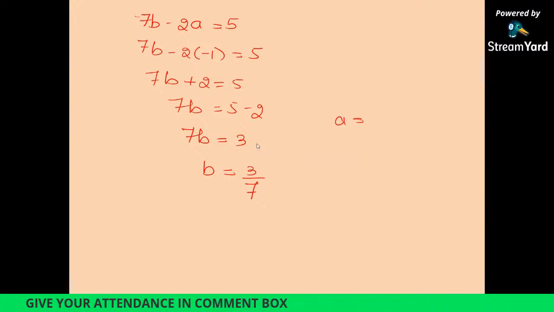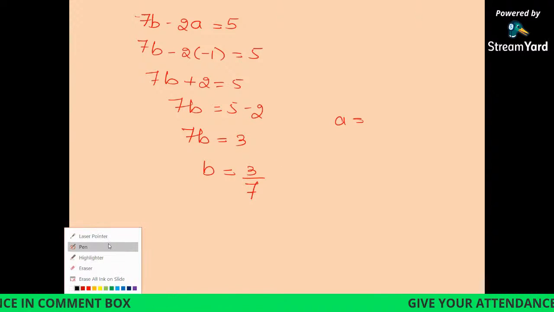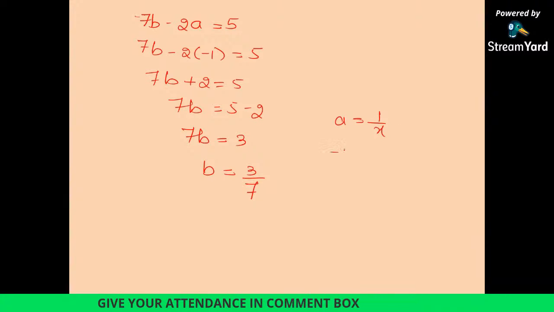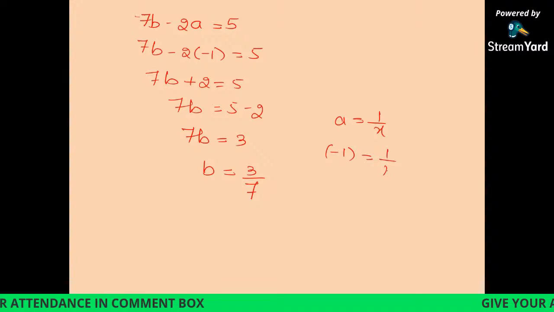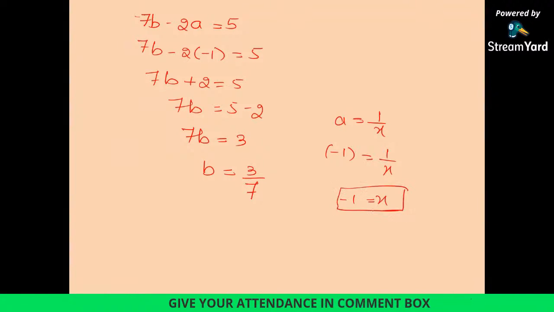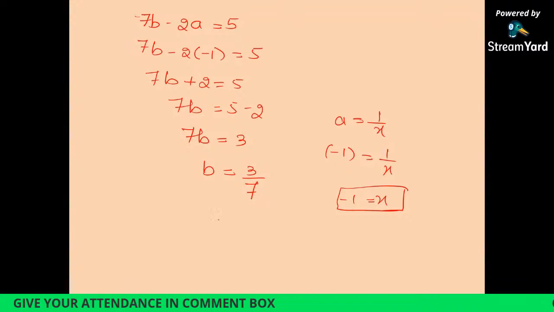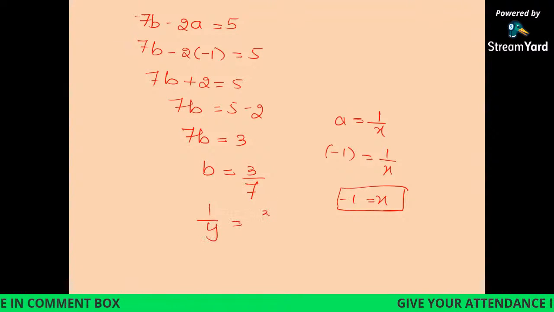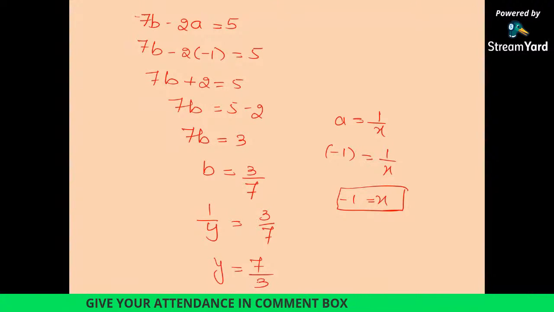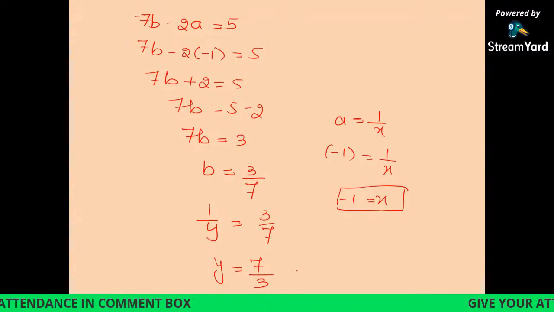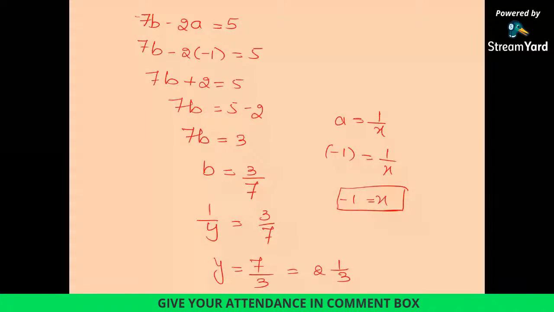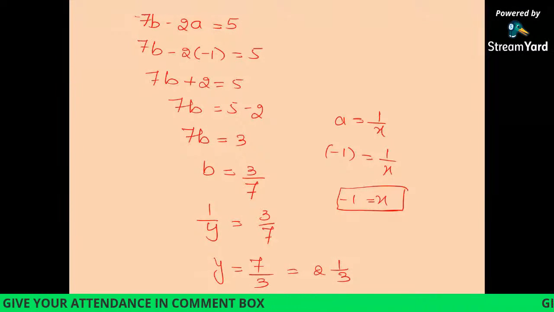If you substitute the value of a, 1 by x, that is a is minus 1, then x is equal to, if you take the reciprocal also, you will get x as minus 1 only. And b here, 1 by y is equal to 3 by 7. If you take the reciprocal, you get the value of y as 7 by 3, or you can also write it as 2 integer 1 by 3 for the value of y, if you write it as a mixed fraction.